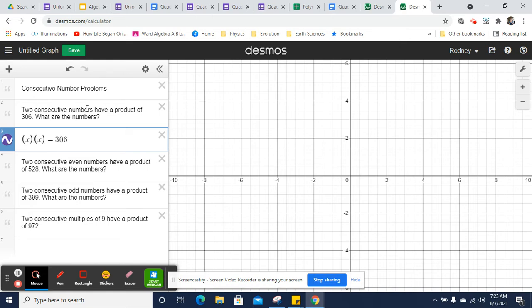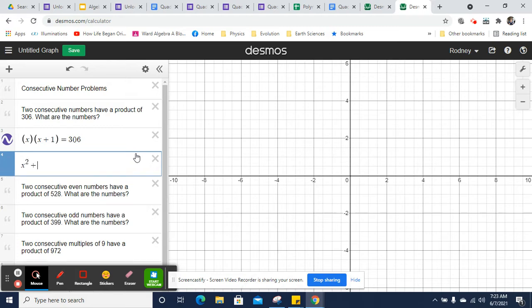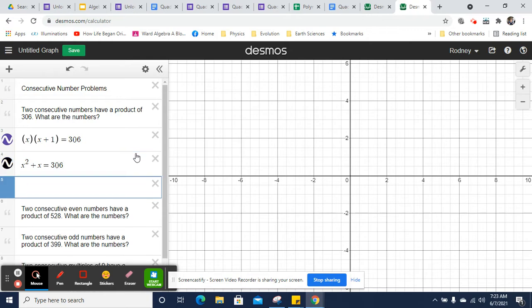I'm going to go with x times x plus 1, and I'm going to go ahead and multiply that out. So that's going to be x squared plus x equals 306. And then I'm going to put that into standard form. So I'm going to move the 306 over by subtracting 306 from both sides.